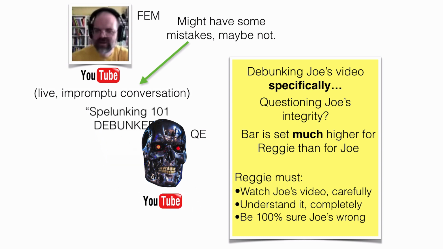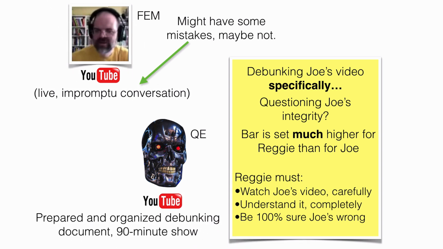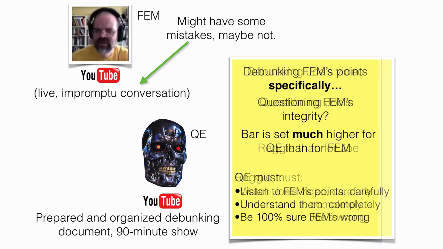But not only that, in his toe tag of me, he had a prepared and organized debunking document, and he had a 90-minute show. So for him to debunk me specifically, the bar is set much higher for Quantum Eraser than for Flat Earth Math, right? Quantum Eraser must listen to Flat Earth Math's points carefully, understand them completely, and be 100% sure that he's wrong.